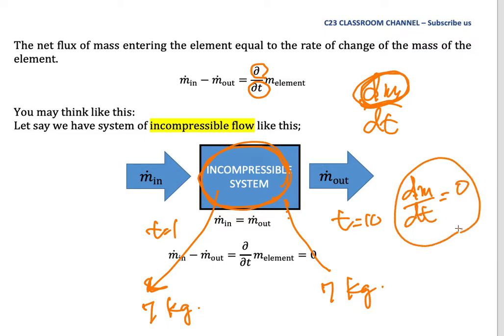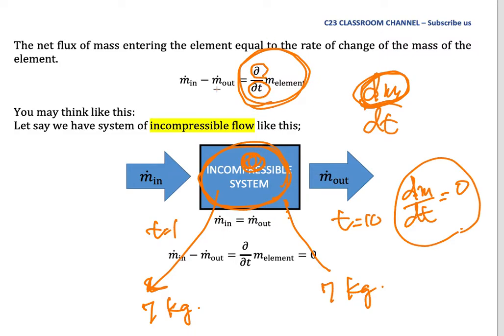At this stage, you need to understand the meaning of each symbol, because you need to know how to write mathematical symbols based on the real situation. Because there is no increment or decrement of mass inside the system, we write that dm over dt is equal to 0.